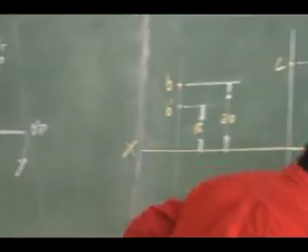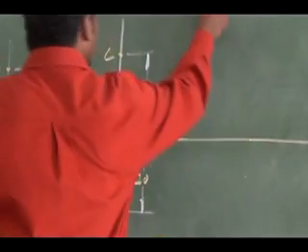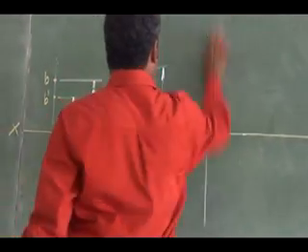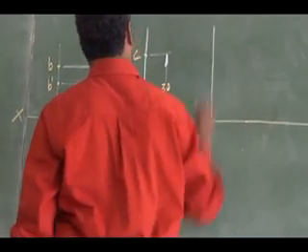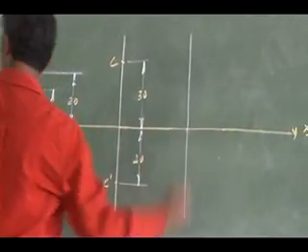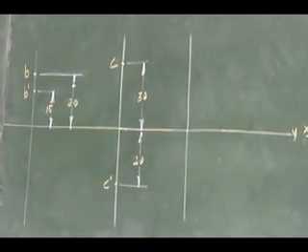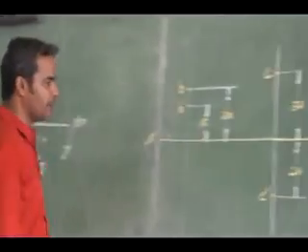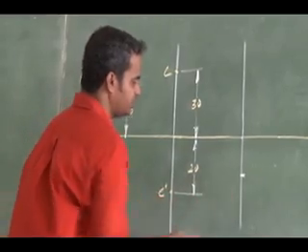We draw a common projector line. See here. d dash is below the reference line. I can mark d dash.